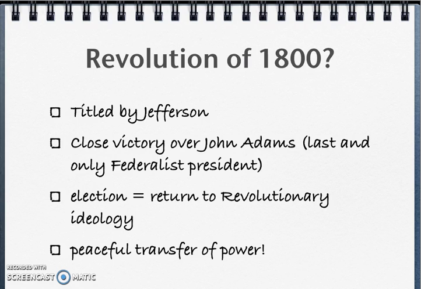Also, what was incredibly revolutionary is that this was a peaceful transfer of power from one political party, the Federalists, to another, the Democratic Republicans, in an election that all parties accepted.